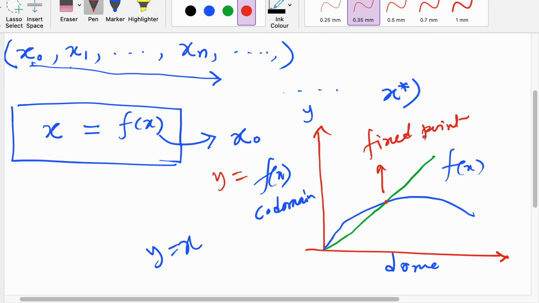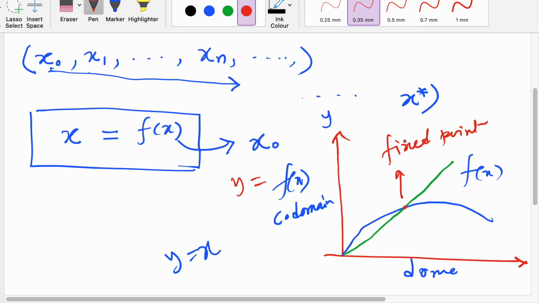Now our goal in today's class is, can we use this graphical method to see the fate of the population or the fate of that system?